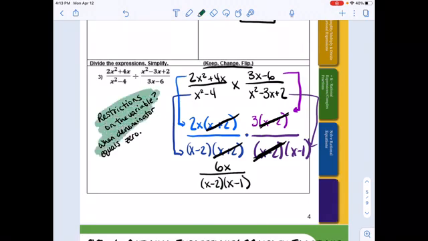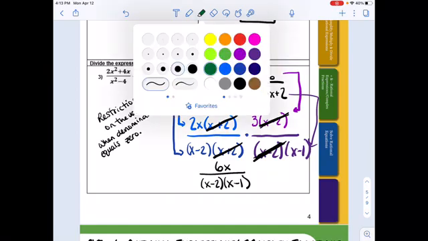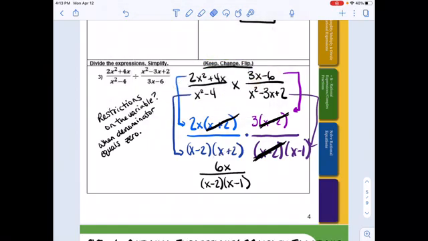Now you'll notice over here I have restrictions on the variable. This is just when does the denominator equal 0, and those can't be answers. So if we back up a step here, erase this and erase this real quick. We need to solve for when each of these equals 0. And those are our restrictions.